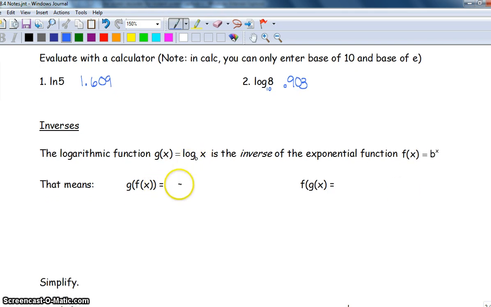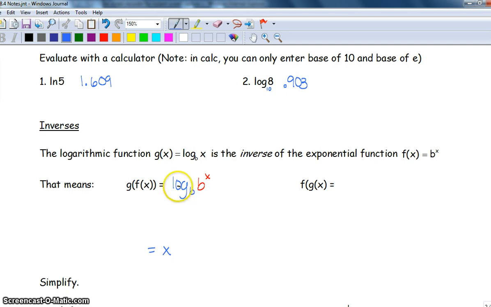So I'm going to start with my g of x, log base b of x, and if I'm plugging f into there, I take out the x and I plug in the f of x, which is b to the x power. Now we know that this has to equal a positive x. In order for it to be inverse, that's what has to happen.